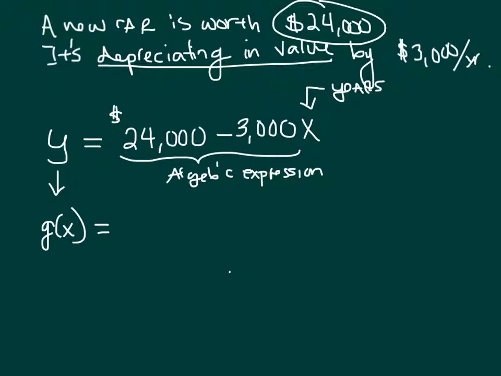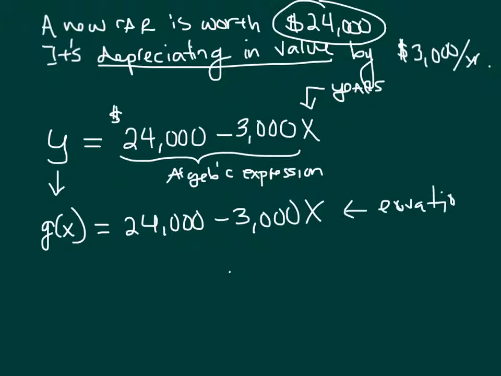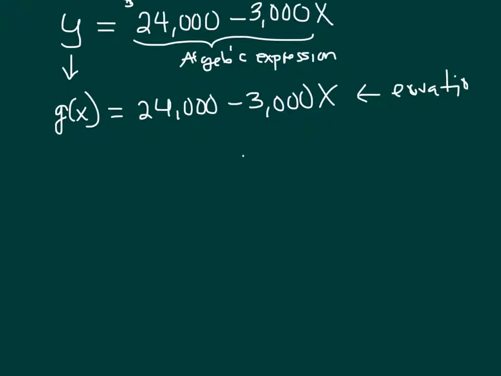Sometimes if we're talking about height, we'll call it H of X, G of X, P of X. Pick your favorite letter. So G of X is equal to this expression. There's your equation, and I want you to graph it.